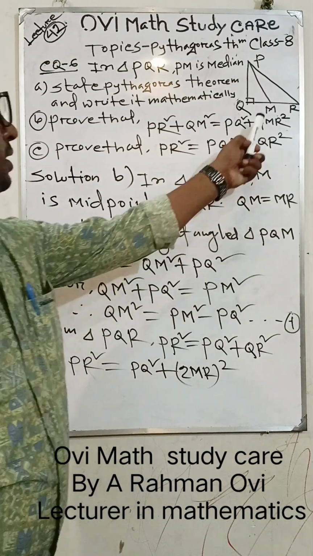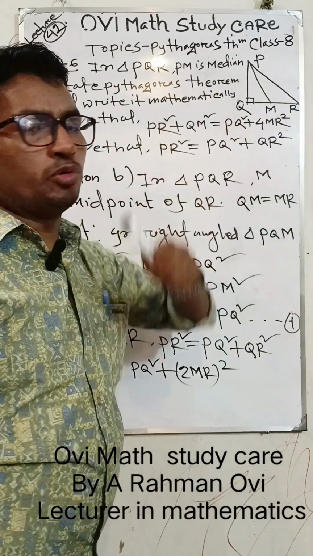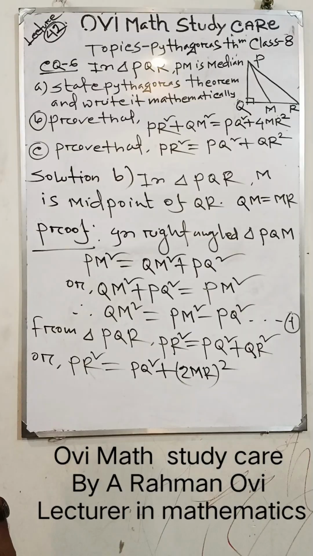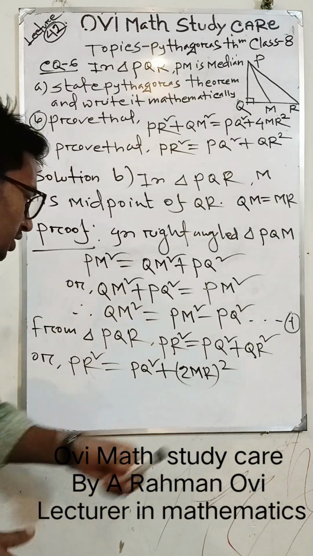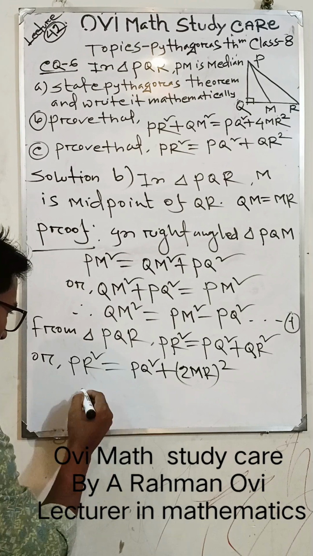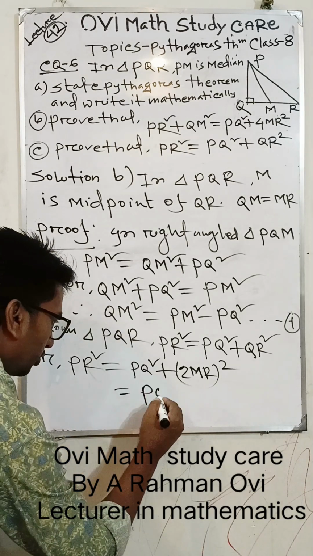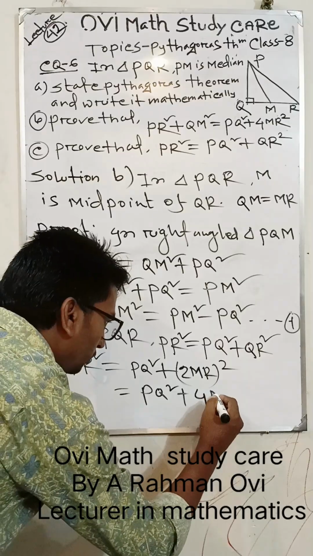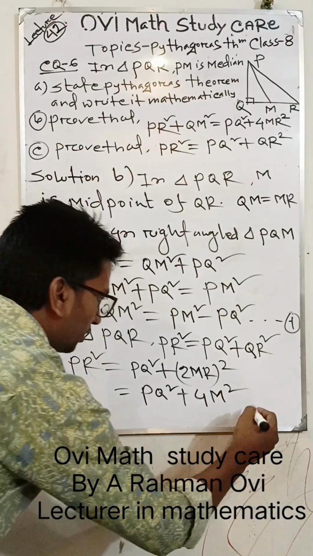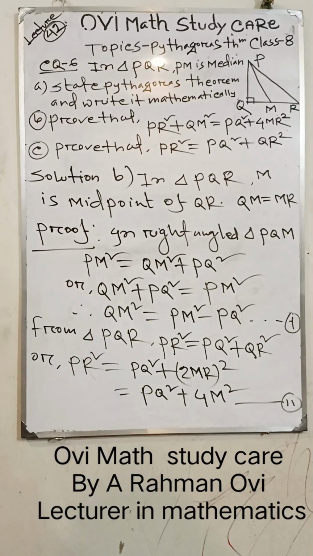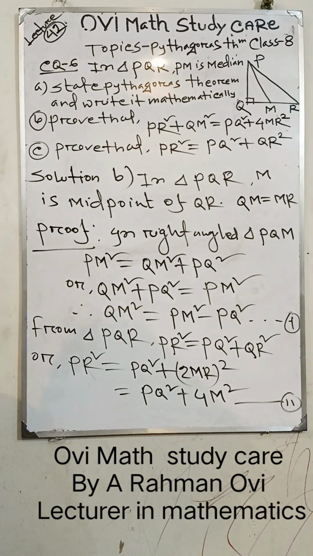That means MR is half of QR, so we can write 2MR equal to QR. So 2MR square, that means it will be PQ square plus 4MR square. Equation 2.